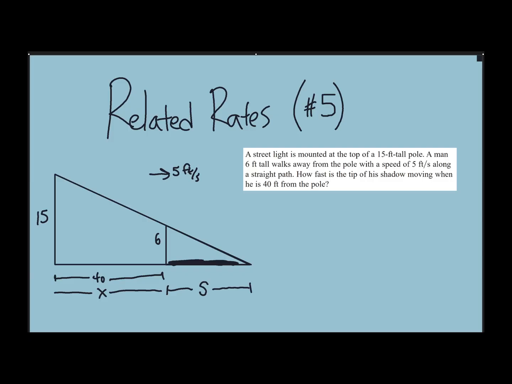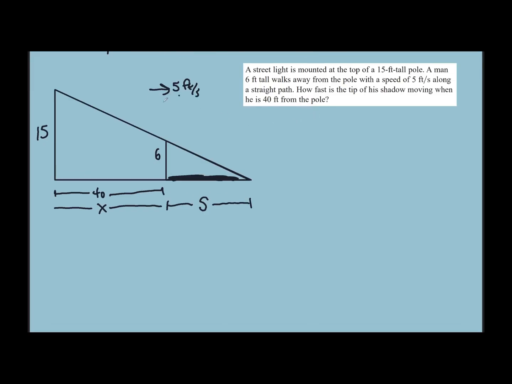Well, let's look at what they want first, and maybe we can work backward from there. How fast is the tip of his shadow moving? So that's a dt. That's a time thing. And I think that we want to focus on that, right? So let's say the total length here, of course, is x plus s. And if I take the derivative with respect to time, I can separate these because they're simple addition.